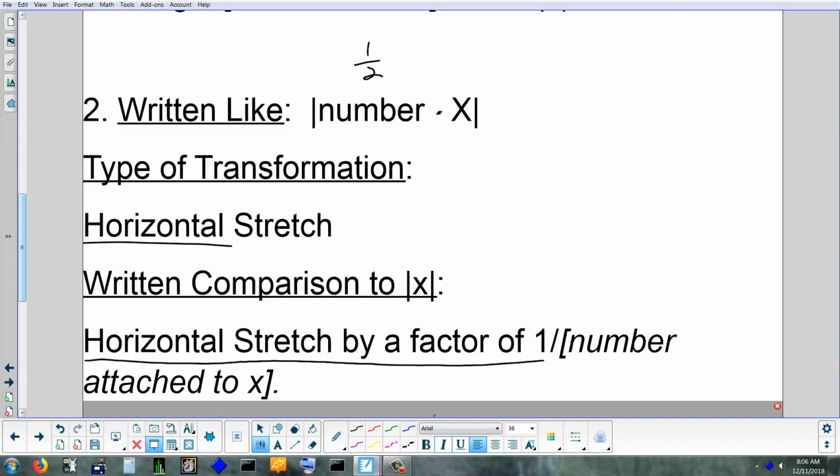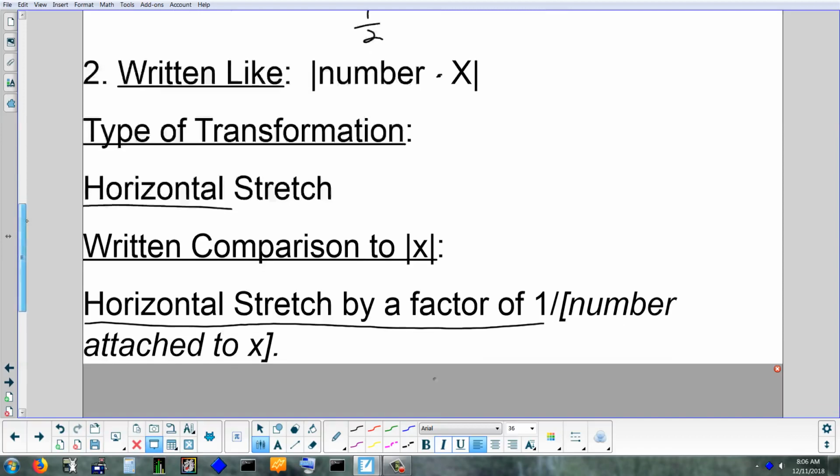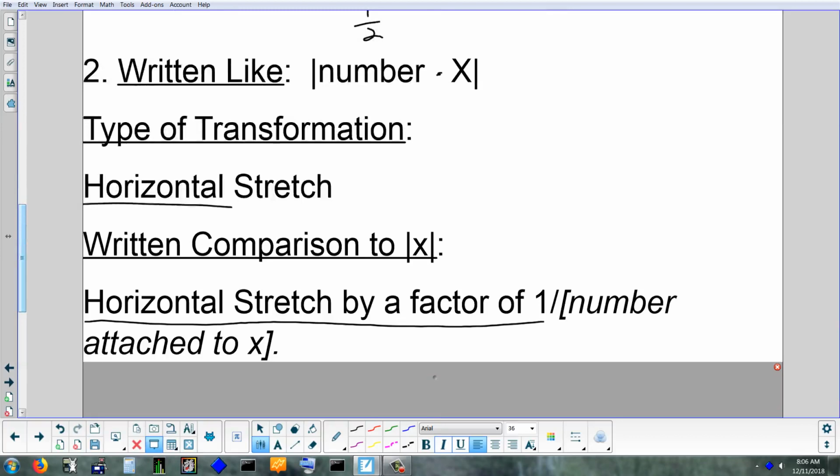Horizontal stretch by a factor of 1 divided by 1/2. I would just use my calculator and figure out what 1 divided by 1/2 is. I just have to type it in because that one's a little tricky because of the fraction. But it's always horizontal stretch by a factor of 1 over, and then write your number. And use your calculator if you need to.